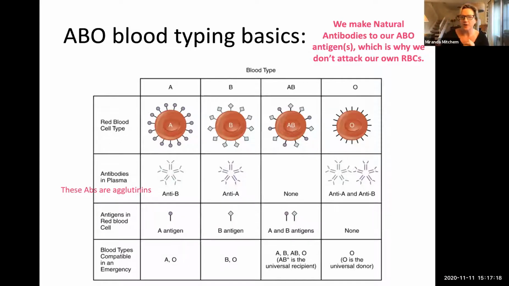So for example, if we're infected with influenza, part of our immune response would be to make antibodies to the influenza virus that help to eliminate it and prevent us from reinfection with that same influenza. So that's a pathogenic antibody because it's being raised in response to an infection.